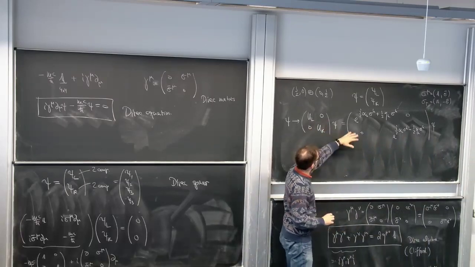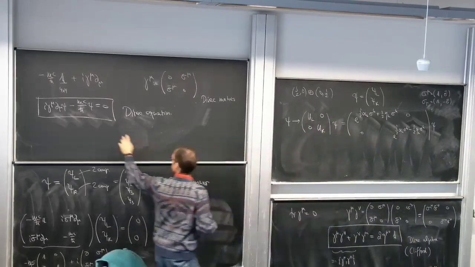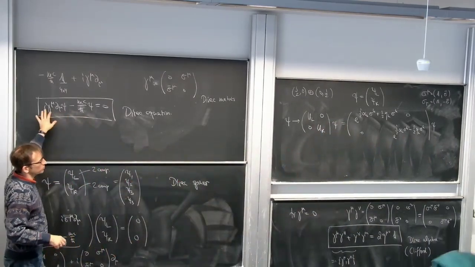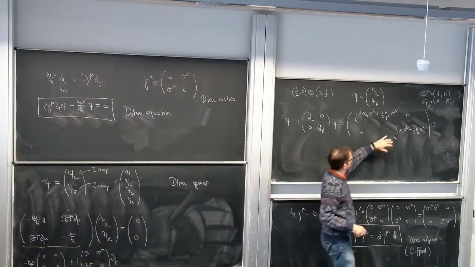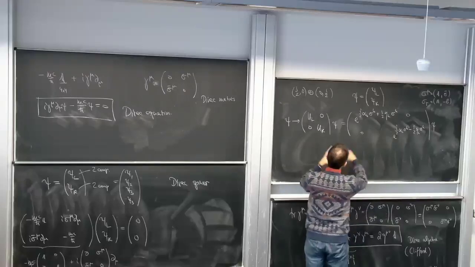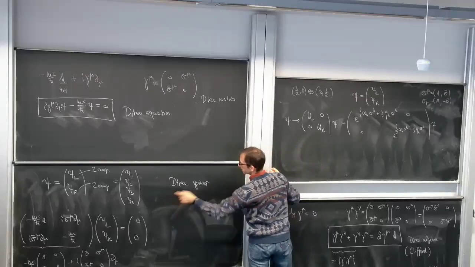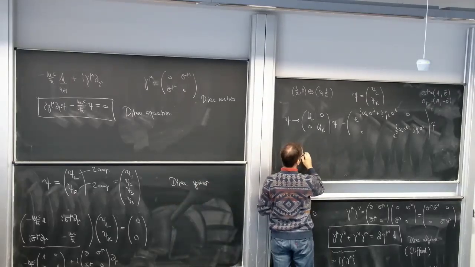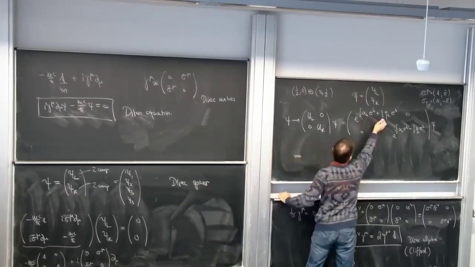Now, I don't like this block form. I want to express this in terms of my gamma matrices. I want to write this as one big object. To figure this out, I have to expand it first, and also expand it in the small parameters.